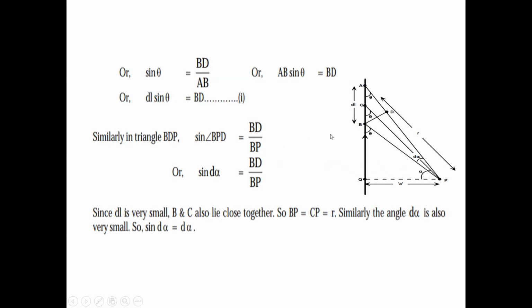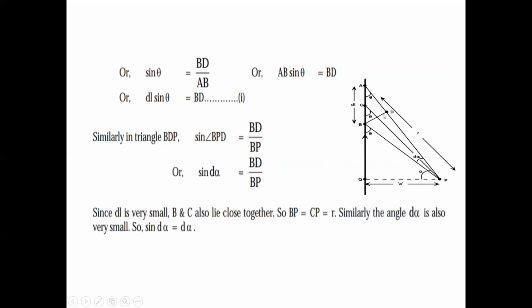Similarly, we have to take triangle BDP. It is clearly in the figure. Now, sine of d alpha. So again, sine of d alpha means opposite side by hypotenuse.